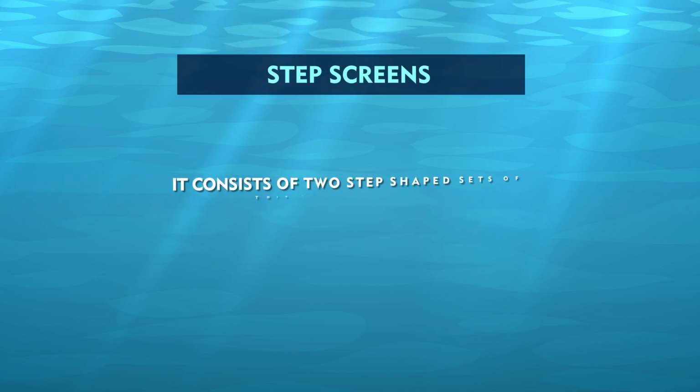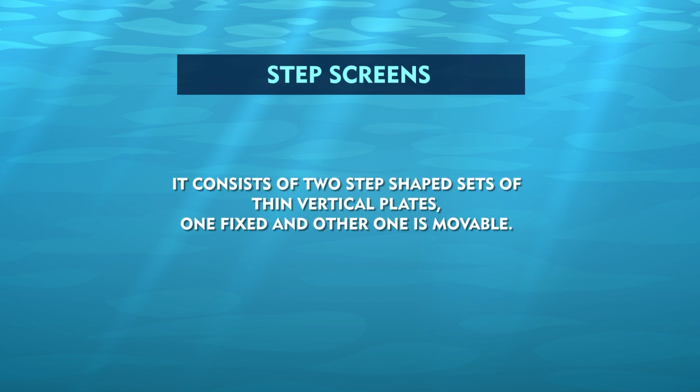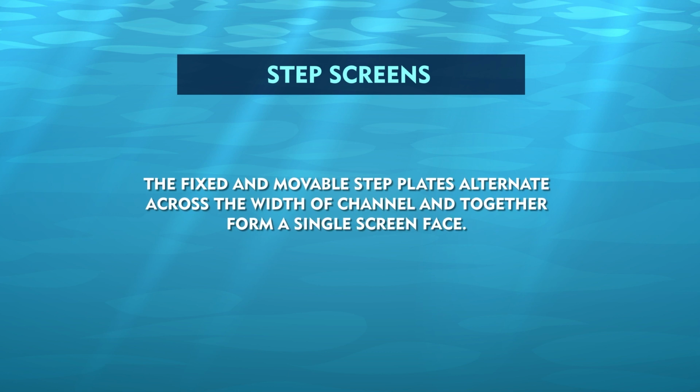Step screens. It consists of two step-shaped sets of thin vertical plates, one fixed and the other movable. The fixed and movable step plates alternate across the width of the channel and therefore form a single screen face.